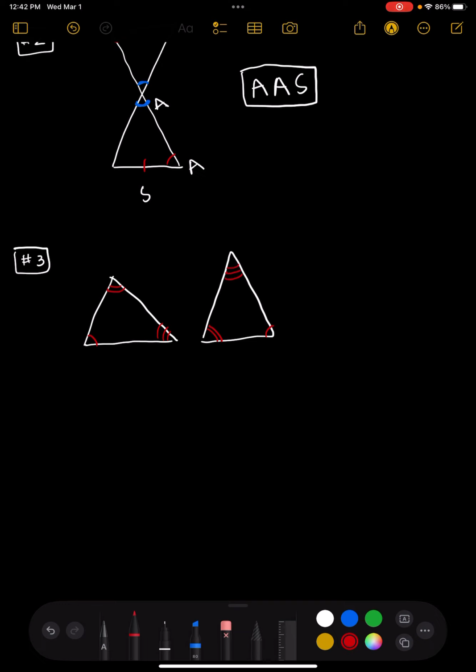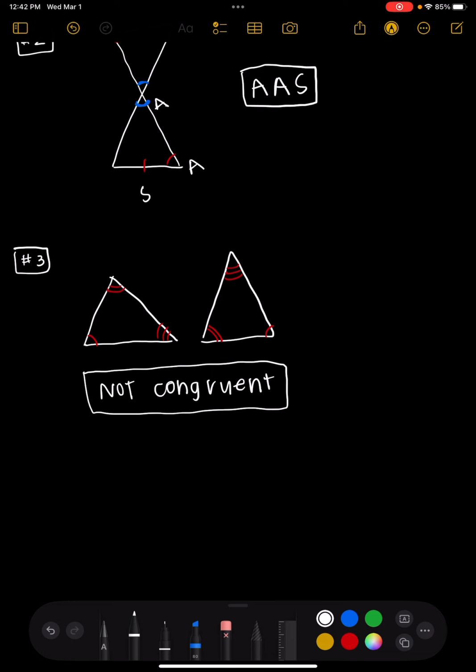So if there was such a thing as angle, angle, angle, yeah, that would totally be our answer. But because there is no such thing as angle, angle, angle, because we can't prove congruence from that, we're just going to say not congruent. And that would be our final answer. There's no way to prove congruence in this situation, so we're going to say that it's not congruent.